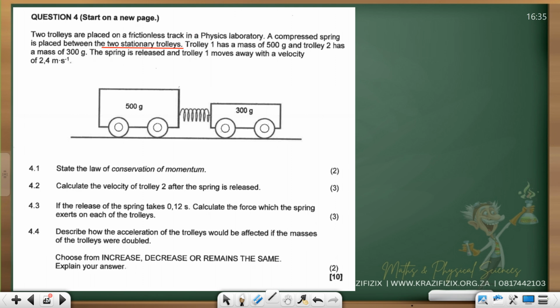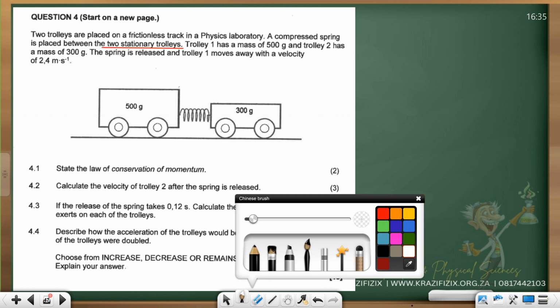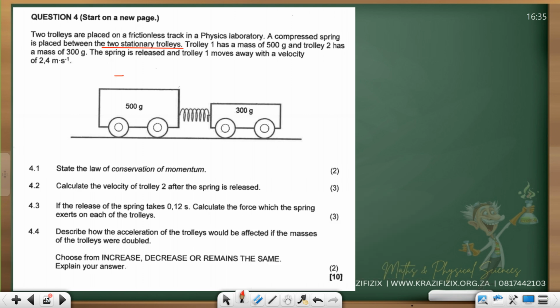Trolley 1 has a mass of 500 grams, which is a problem. 0.5 kg. Don't make a mistake. Don't calculate in grams. And trolley 2, 300 grams, again we change, 0.3 kg.